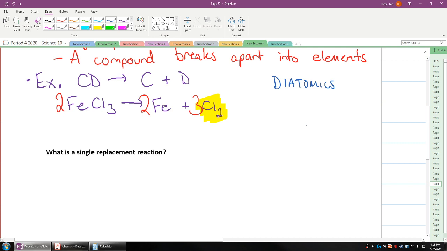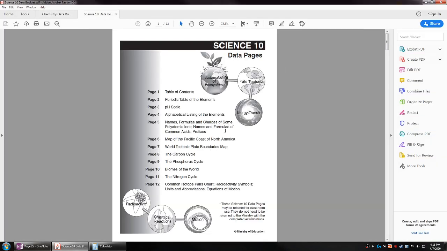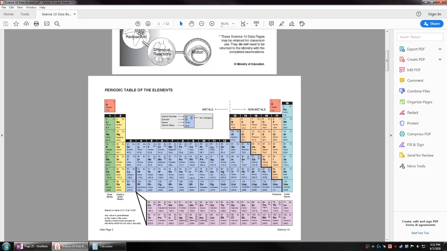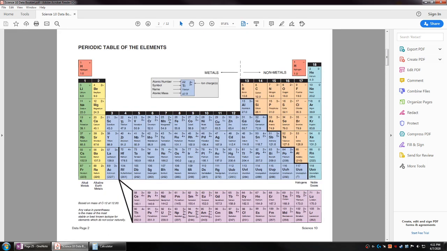So where do you find diatomic molecules? Well, if you look at your periodic table, you will see that the diatomic molecules are the molecules that exist in this section. They are hydrogen, nitrogen, oxygen, fluorine, chlorine, bromine, and iodine. You could call it two different names, I'll write them both out.